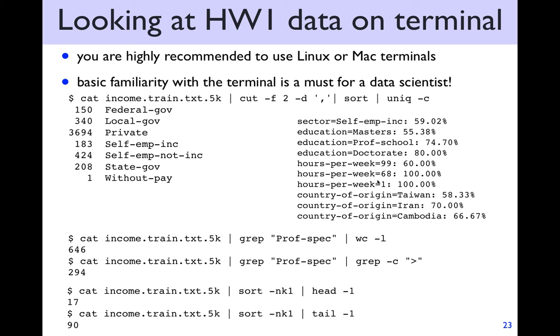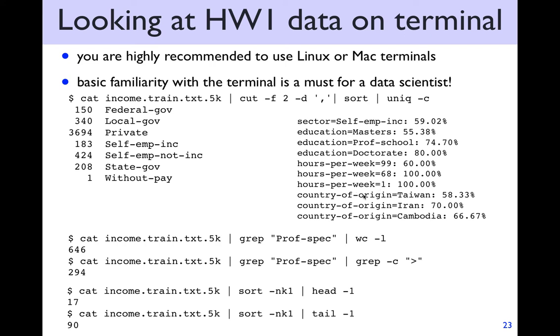Hours per week equals 6801, 100%, because this is just like one single data point. So it could be an outlier, it could be noise, or it could be just a person who is sitting on his or her investments. So he or she does not need to work, right? And 68, probably just one person. Those don't make much sense.